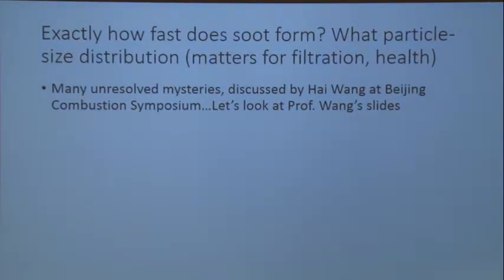Let's see if I can find it. So this is not the complete slides that he showed, but this is some of the slides he showed.